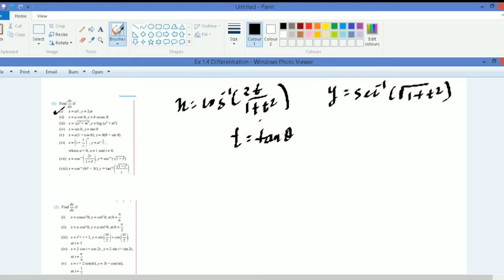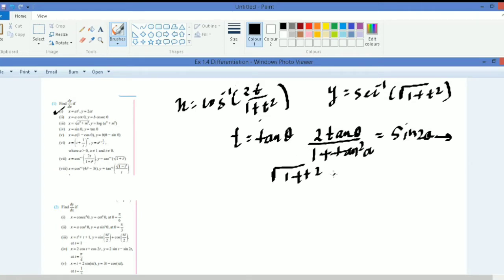The first term becomes 2 tan theta upon 1 plus tan square theta, which we know is sine 2 theta in trigonometry. Similarly, in y, root of 1 plus t square becomes root of 1 plus tan square theta, which is root of sec square theta, which is sec theta.